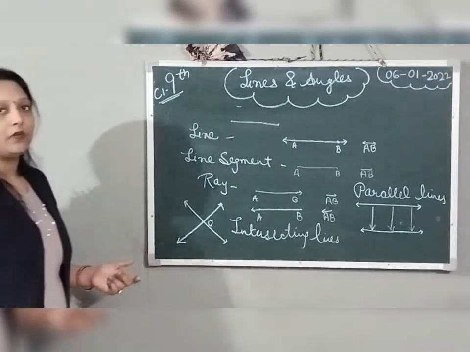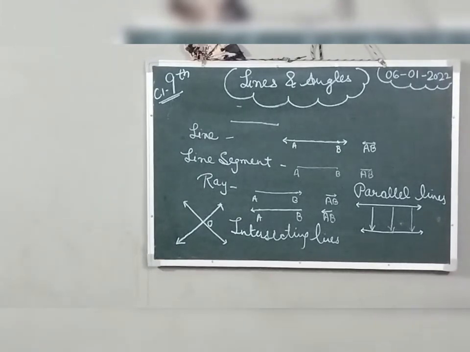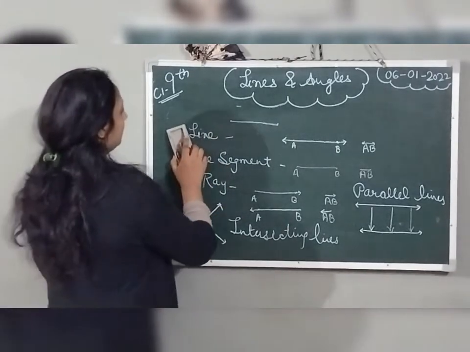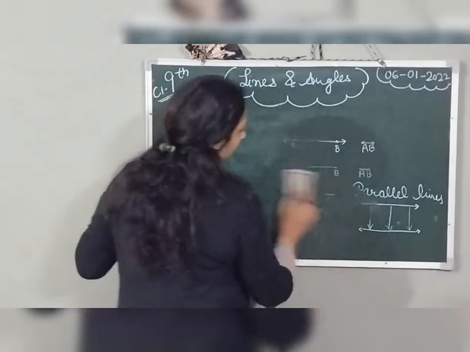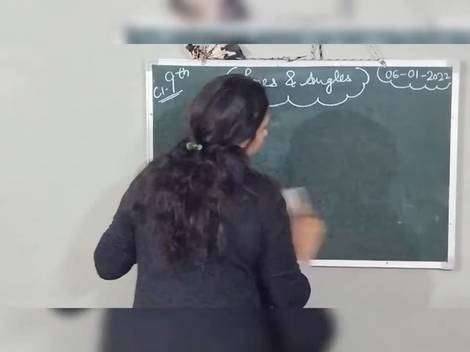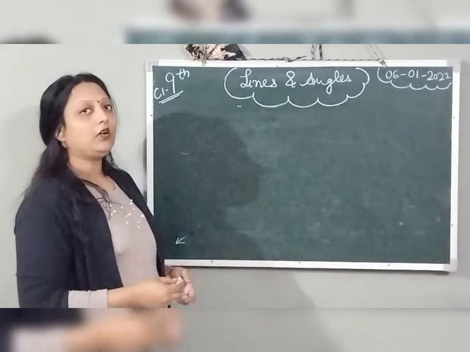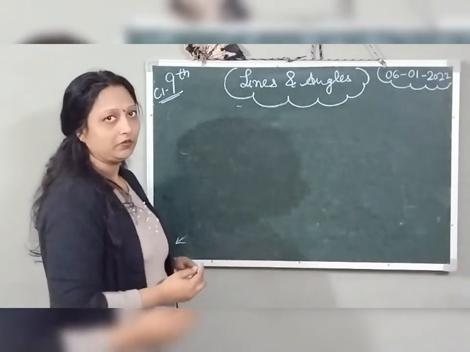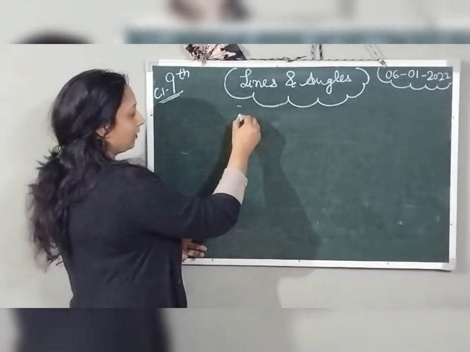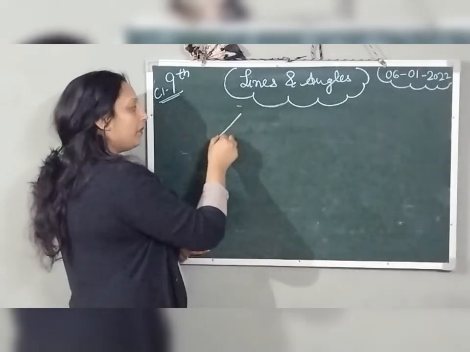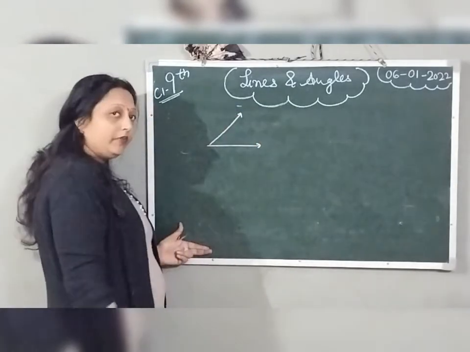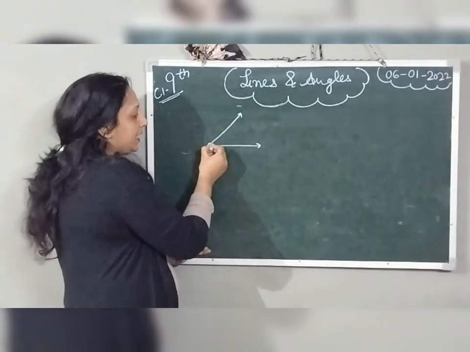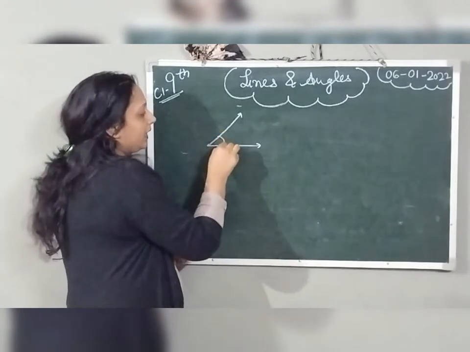Let us talk about some of the angles. If we talk about angles, how can an angle be made? When two rays meet at a point, it makes an angle. This is called an angle.